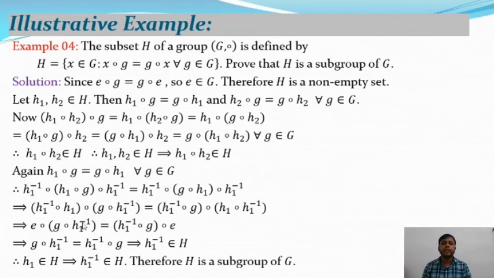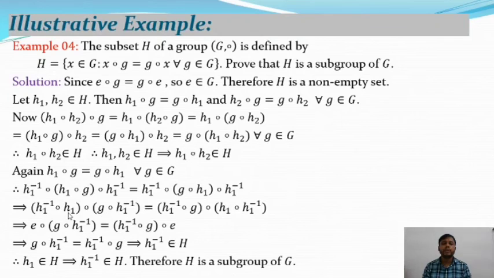Now applying the associative property on the above equation, and you know that h1 composition h1 inverse is equal to e by the properties of group theory, and as well h1 inverse composition h1 is equal to e.